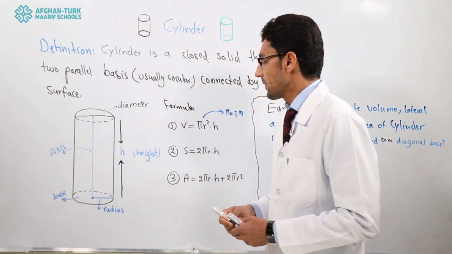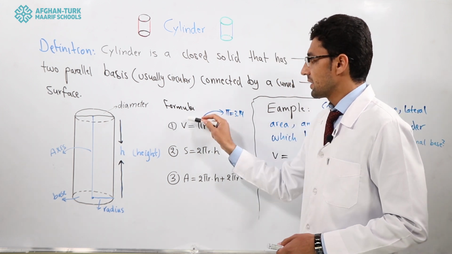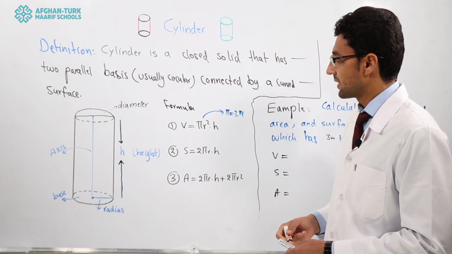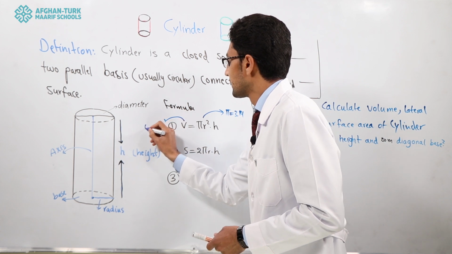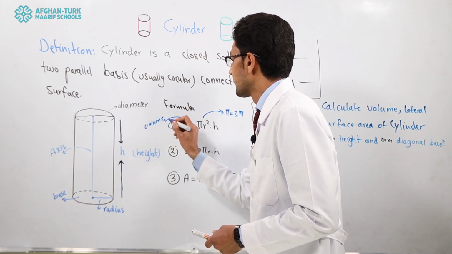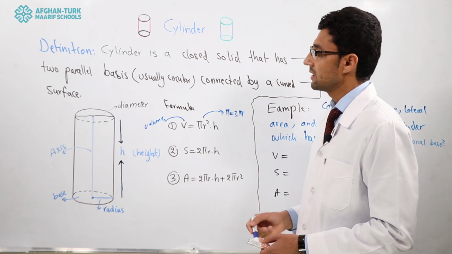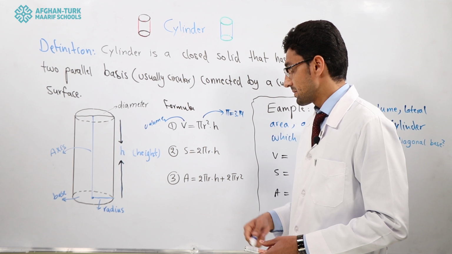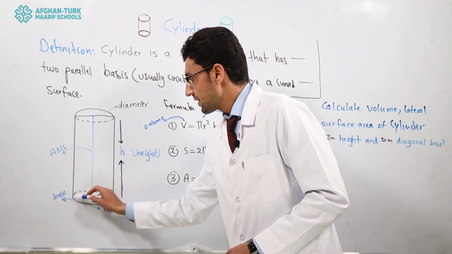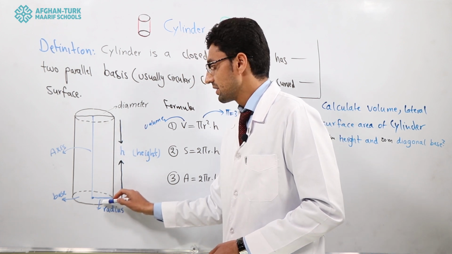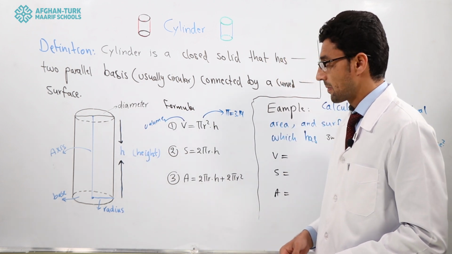So, now let's study some formulas for that. The first one is volume. What is the formula? Pi r to the power of 2 multiplied by h. What does it mean? It means the area of this circle multiplied by the height of the cylinder.